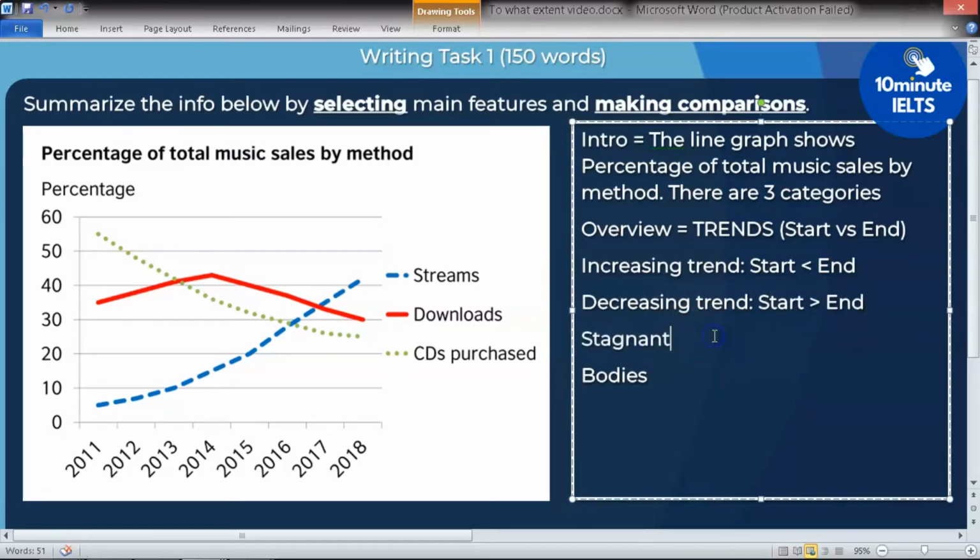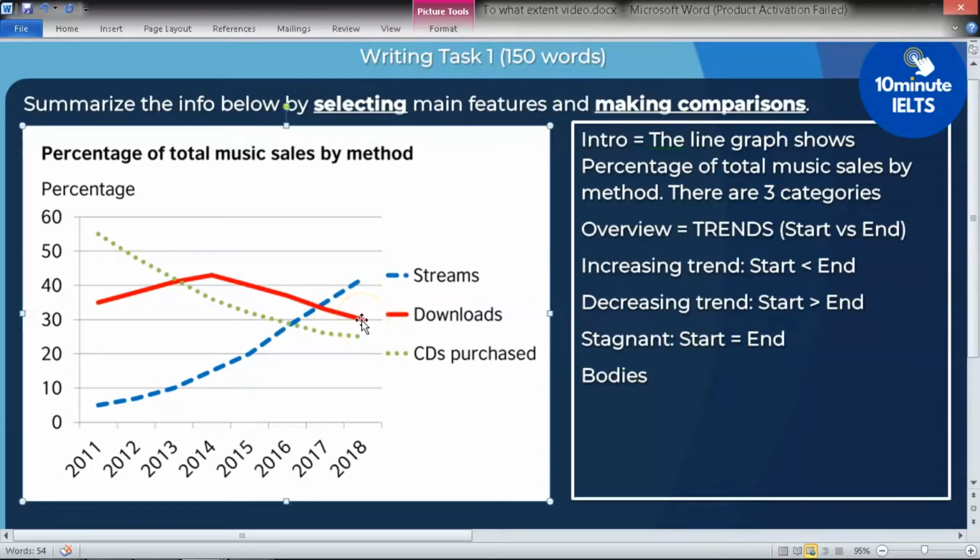Stagnant applies when the start is exactly equal to the end, but none of those line graphs have that here. Even for downloads, when you look at the starting value in 2011, it was higher than 30, but it ended in 2018 with exactly 30.